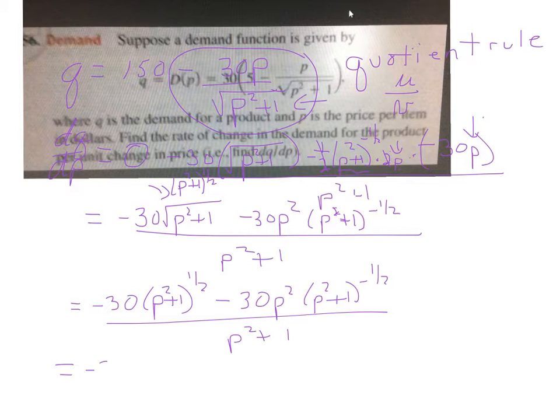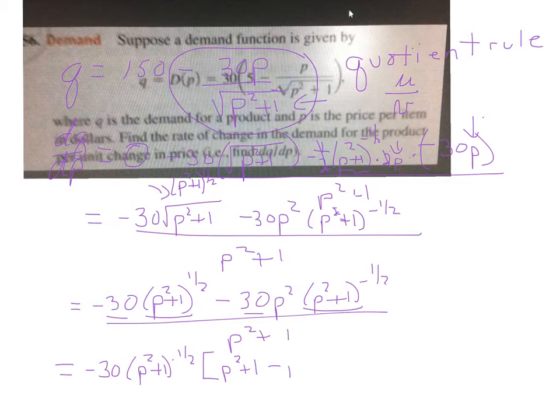Alright, so we're going to common factor the numerator now. We're going to take out a negative 30, for instance, because that's a common factor in both terms. And then we're going to take out the smallest exponent of the bracket, because the brackets match, so we can do a common factor there. And the smallest exponent is the negative 1/2. So what we're left with is a p squared plus 1 here, so that we would bring that back to p squared plus 1 to the 1/2.